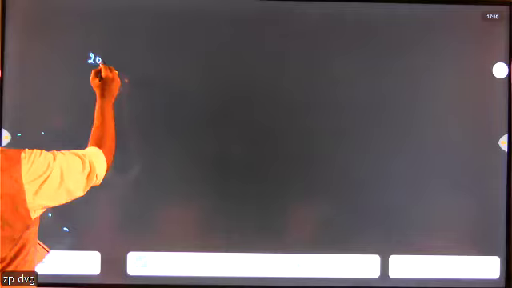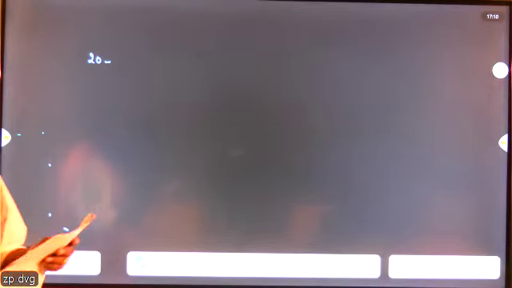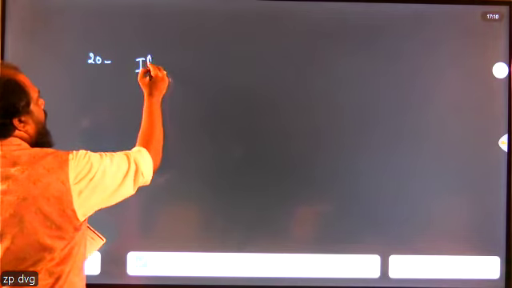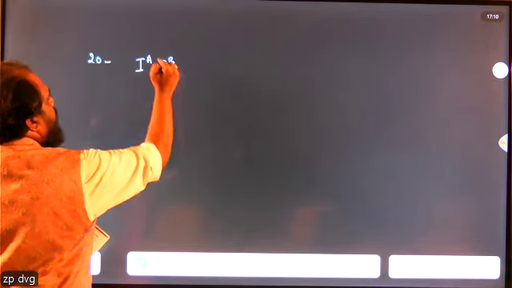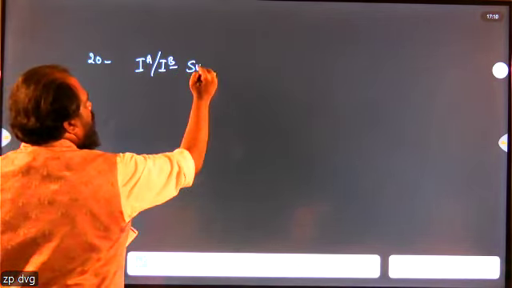Question number 20. Very simple question. Identify the wrong statement. The first option says alleles IA and IB produce sugar. Correct. Hope you remember IA and IB alleles produce a sugar. We call this an antigen on the surface of the RBC.